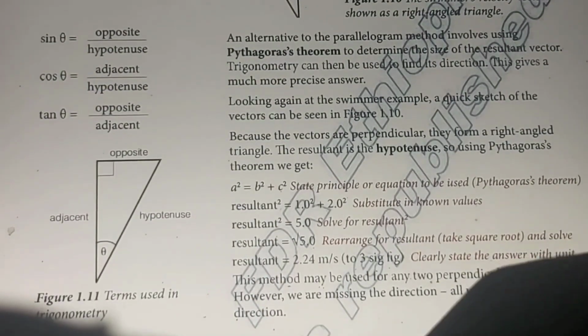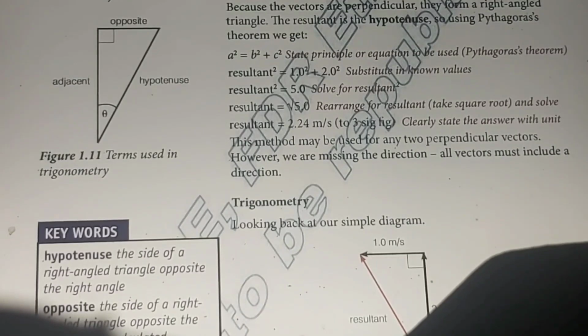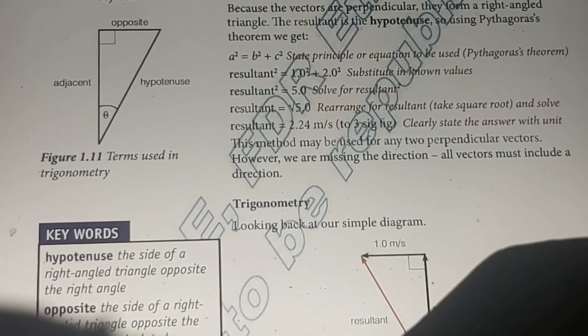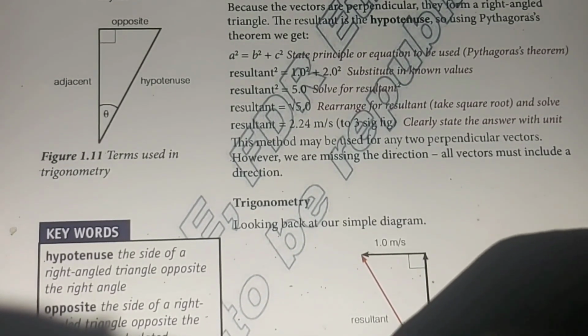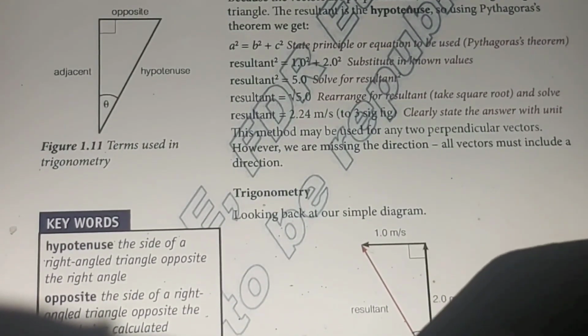Then from 90 degrees by subtracting, we can have the angle that the resultant vector will make with the river bank.